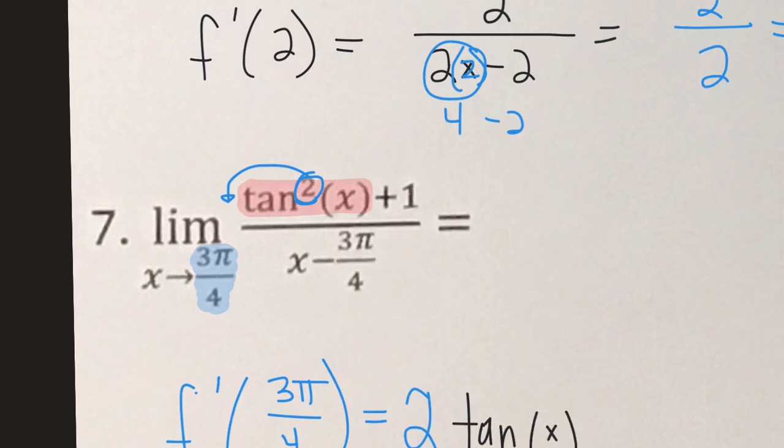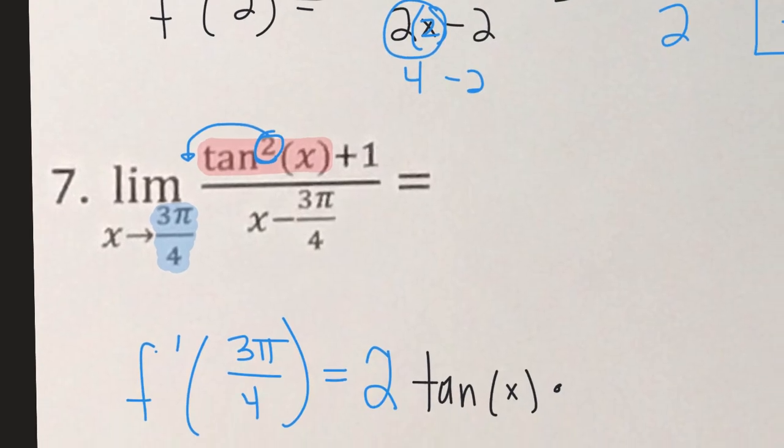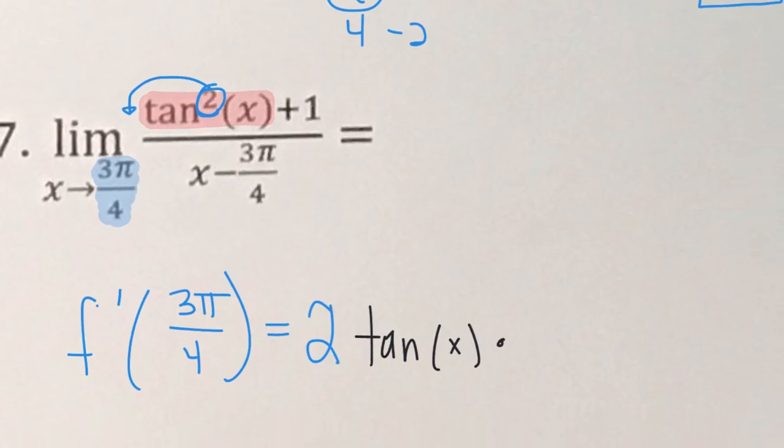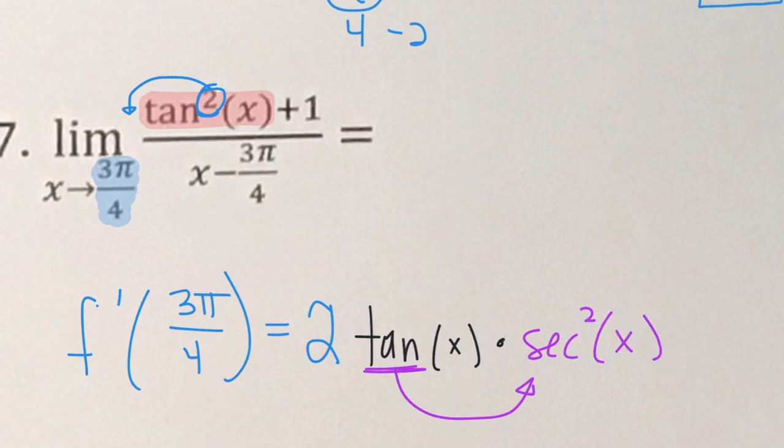All right, so first we take the derivative of our power, and now the derivative of tangent is secant squared of x, right? And since we have an x here, the derivative of x is 1, so we don't really have to have times 1. But that would be our last part of our chain rule if that were to have been something other than just x.